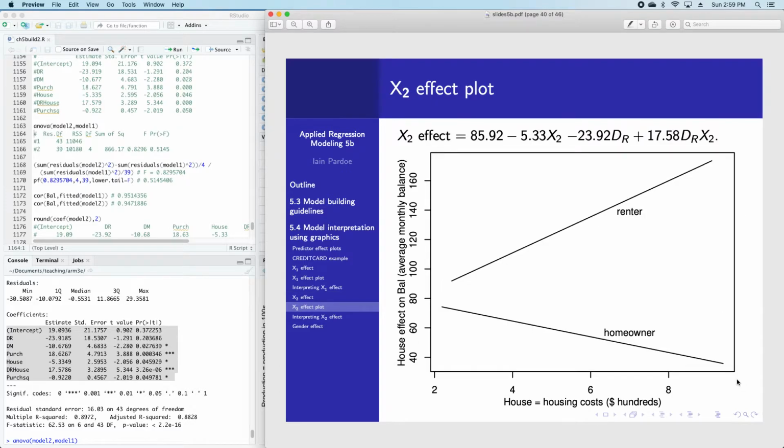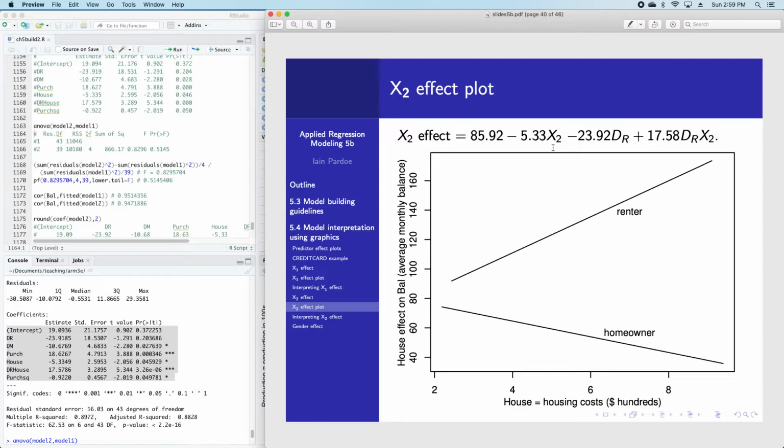So if I was to put that on a graph, it would look like this. I've got a line for renters when dr equals 1, and I've got a line for homeowners, which is when dr equals 0. So this line here, the homeowner one, is the line 85.92 minus 5.33 x2.